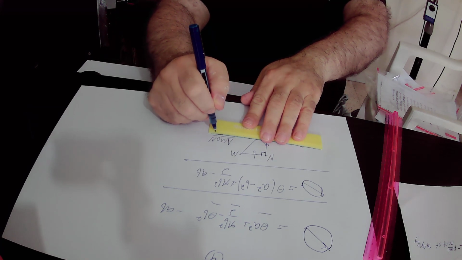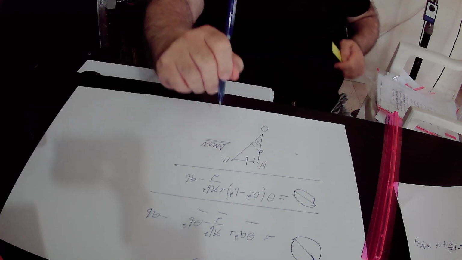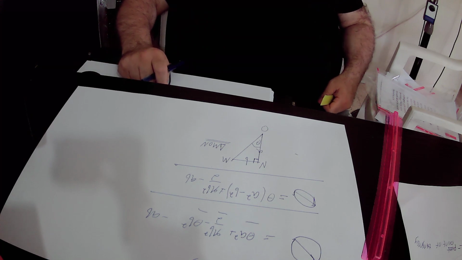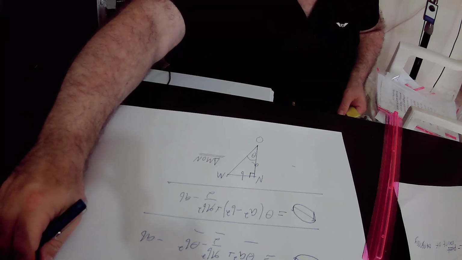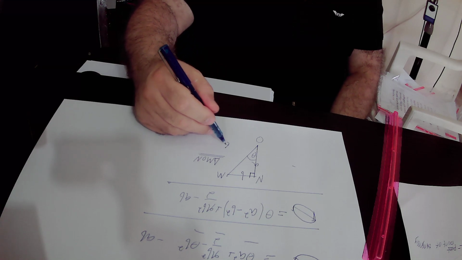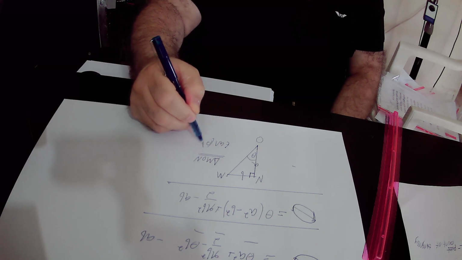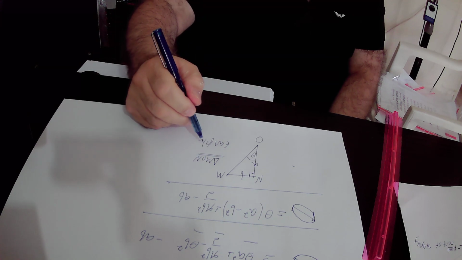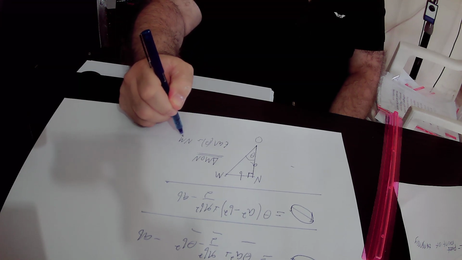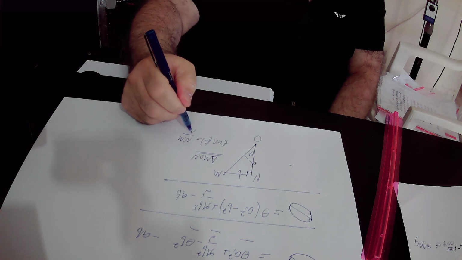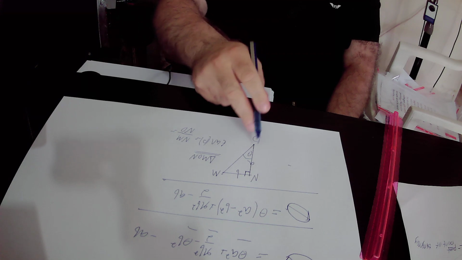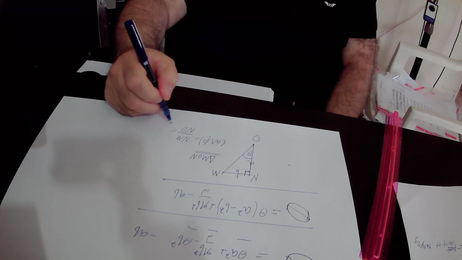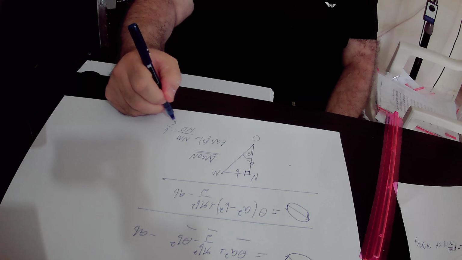This right triangle NOM. We know that tangent theta equals NM over NO. NM equals b, NO equals a.